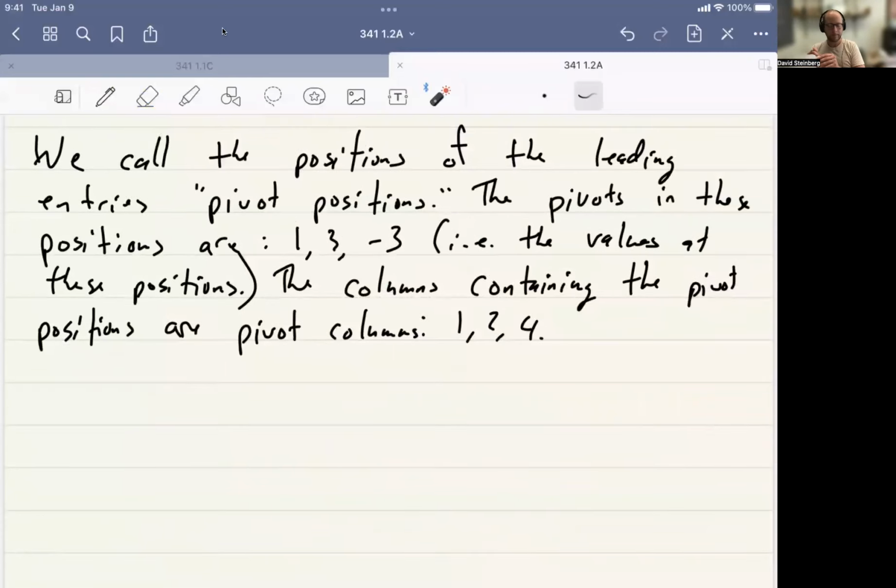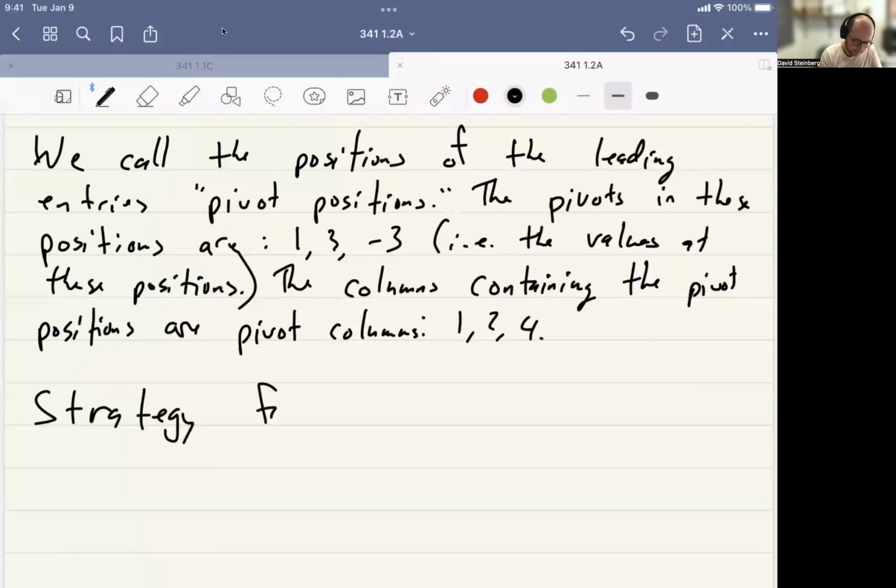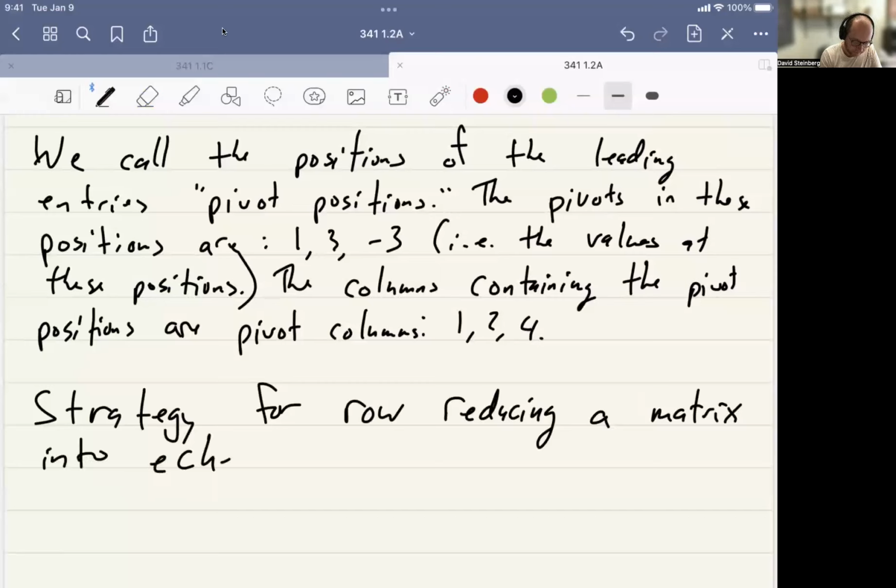All right, so we've done our first example of putting a matrix in echelon form. Let's look back at what we did and write down a strategy that will always work, an algorithm for taking a matrix and finding a row equivalent matrix that is in echelon form. So here we've got a strategy for row reducing a matrix into echelon form.